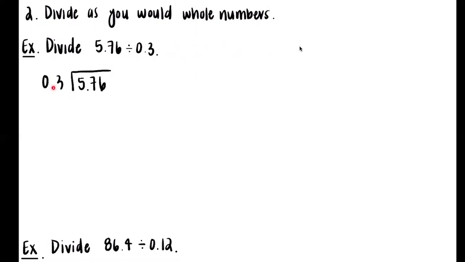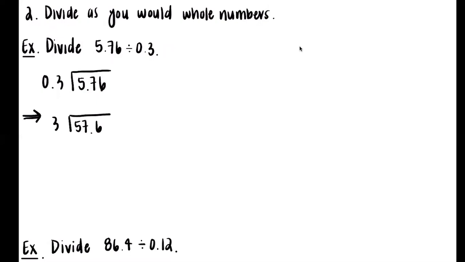Luckily in this case, we just have to move this decimal over once to get a whole number of just 3. But whatever you're doing on the outside has to be mirrored on the inside. So we're going to have 3 dividing 57.6. And now let's continue with the good old long division.